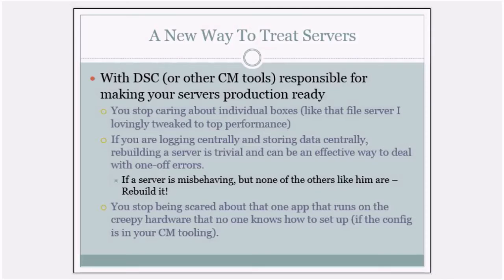If you want to go hybrid cloud, or private cloud, or public cloud, having the capability to spin up nodes on demand and extend a service, or spin down nodes on demand, and have them configured the way you need to, this is the plumbing for doing that. You also then have the ability to stop caring about that one critical app running on that hardware from 2000 that is just creaking away in the background there.